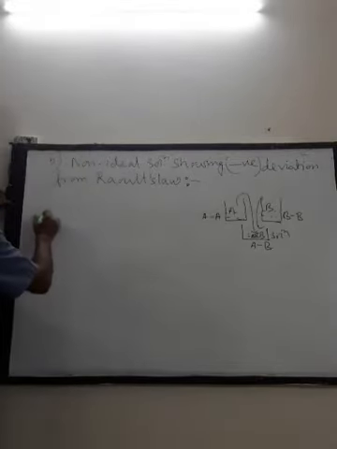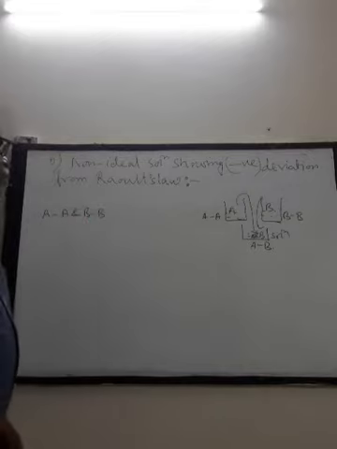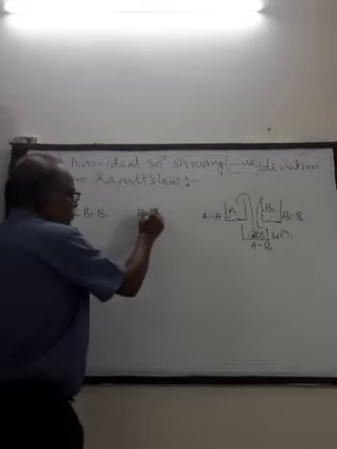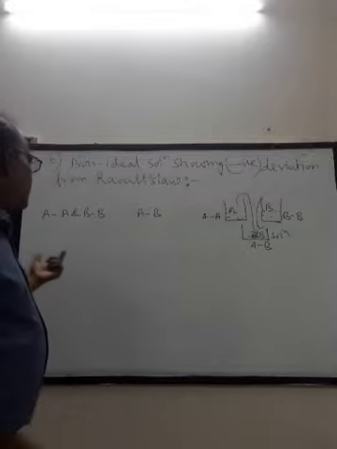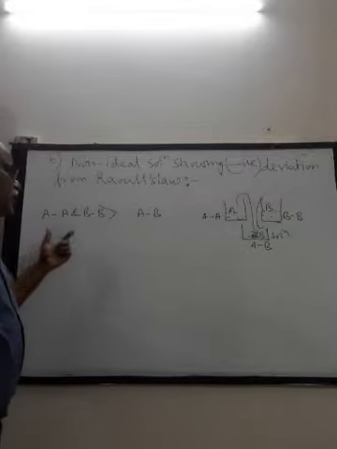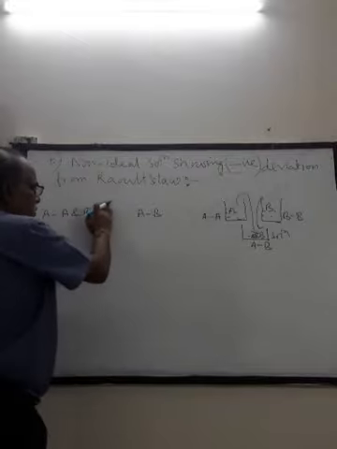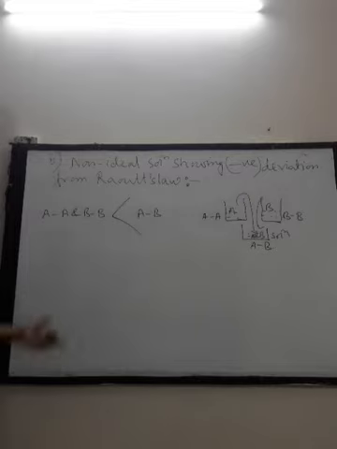The AA and BB interactions are the interactions before mixing, and the AB interaction is after mixing. In the previous case, interaction before mixing was more than interaction after mixing. Now reverse: interaction after mixing is more than interaction before mixing.